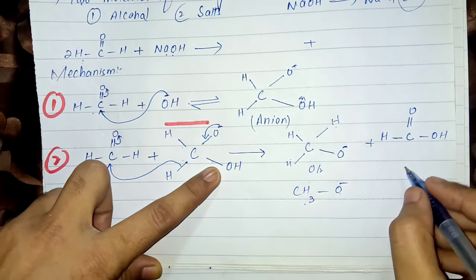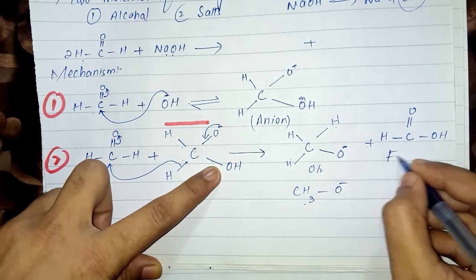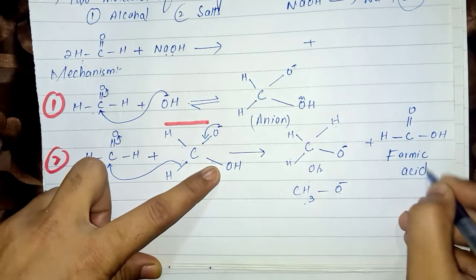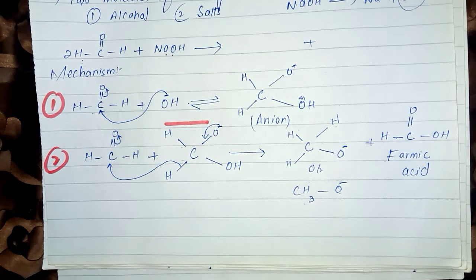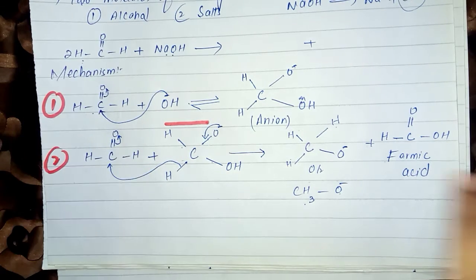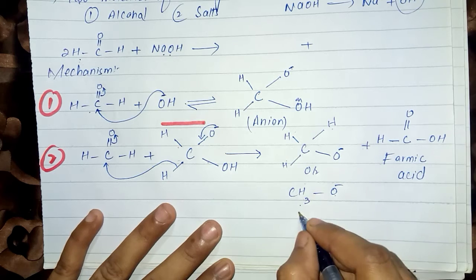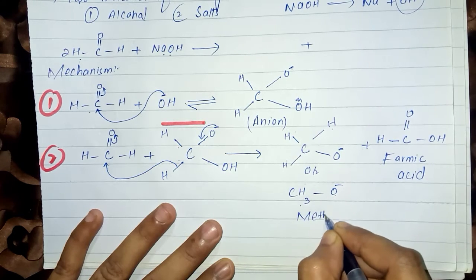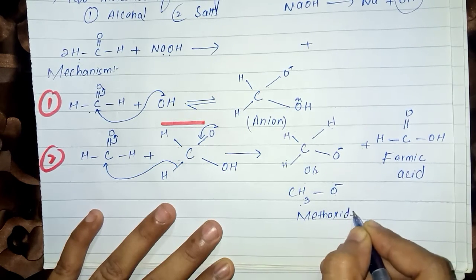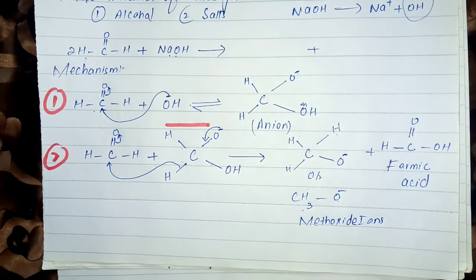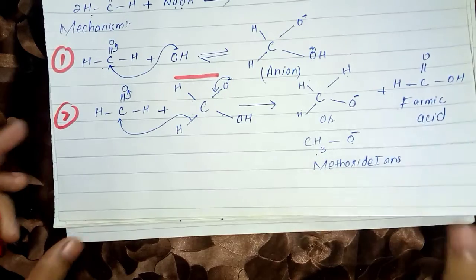Got it? So this is called formic acid. So it means that we can use the Cannizzaro reaction to convert formaldehyde into formic acid, and this one compound is called the methoxide ion.